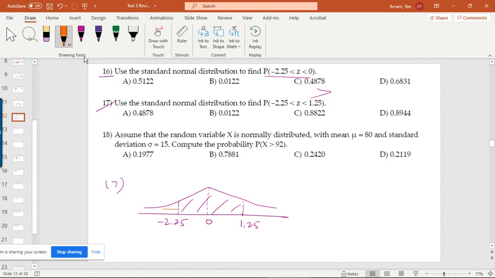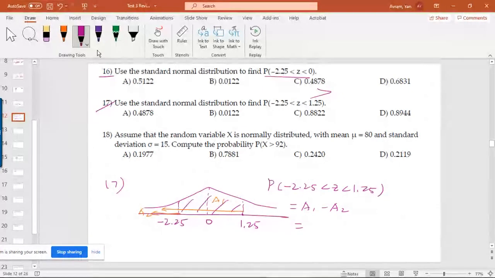For the area in the middle, we always use the bigger area minus the smaller area. So we're going to call this A1, this A2. So the probability of z between these two numbers, we're going to use A1 minus A2. Everything is area to the left.